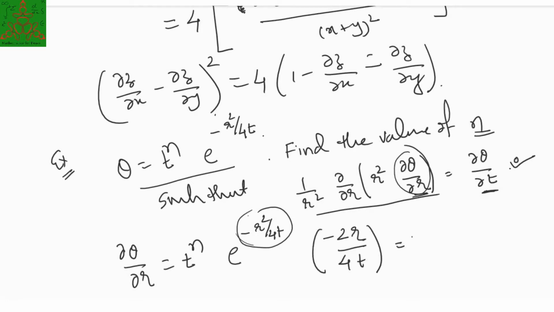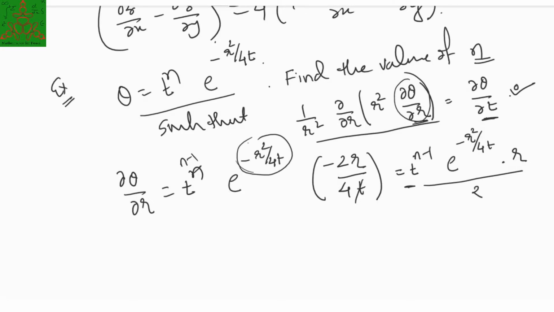So finally you will have t power n minus 1, because one t is cancelled with this. Here you will have n minus 1, e power minus r square upon 4t into r upon 2, minus, because this minus sign is there.